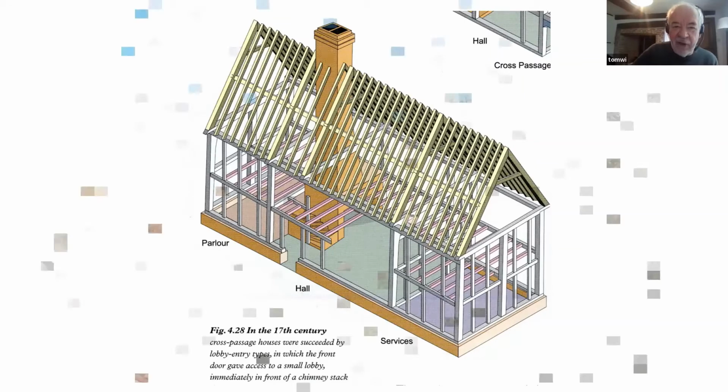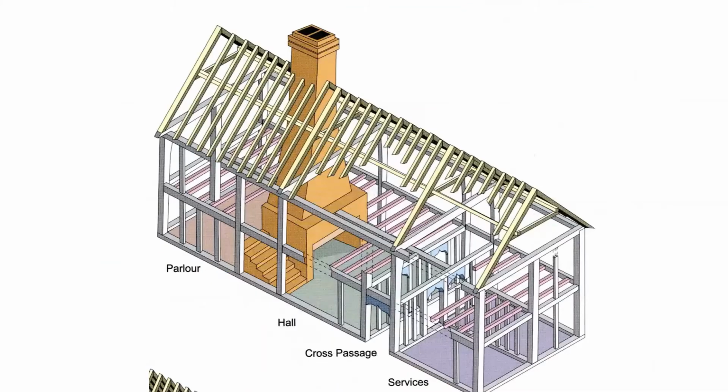So this is kind of seen as disrupting the traditional hierarchies of space in the hall, because where the high status end of the hall was, you now have a fireplace, but it has the advantages of heating the parlor and could be interpreted as being a kind of more socially distanced house plan.